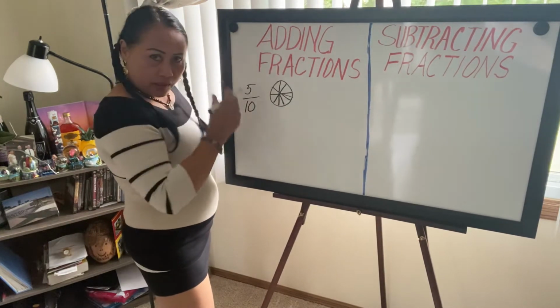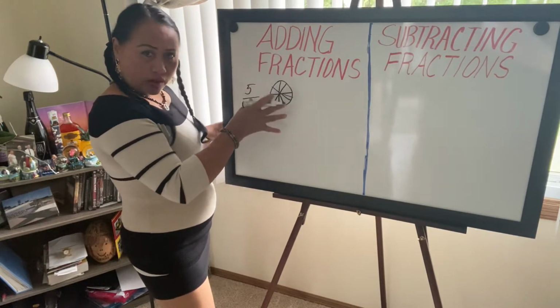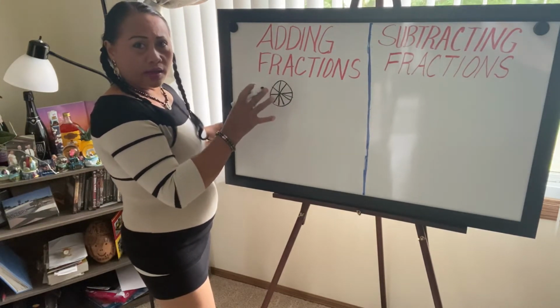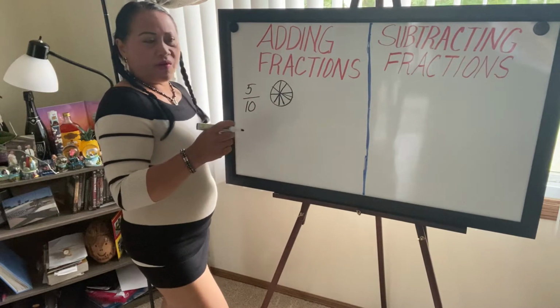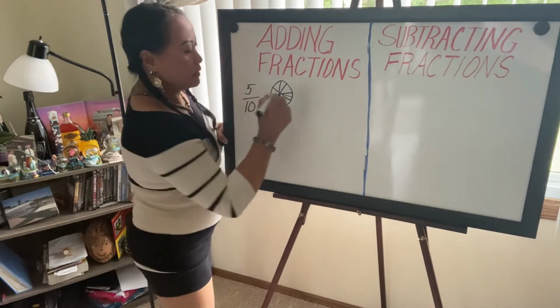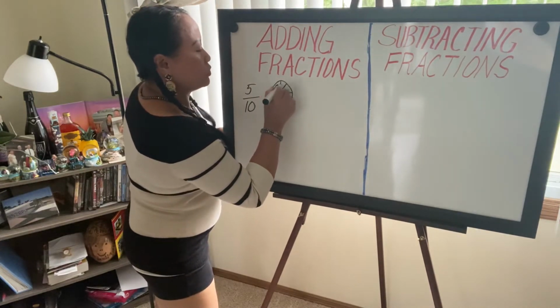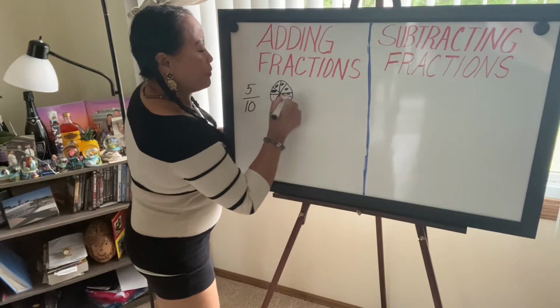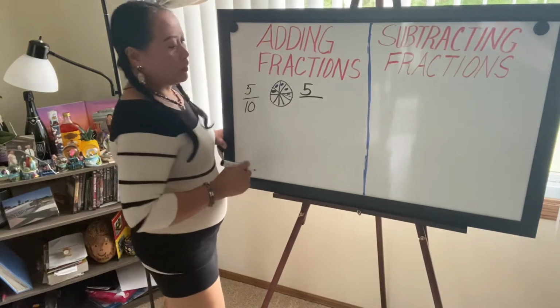In the whole pizza, you divided this one into 10 pieces. Now, you give 5 to Cindy. Example. Let's shade the 5. 1, 2, 3, 4, 5. So 5 are given to Cindy.